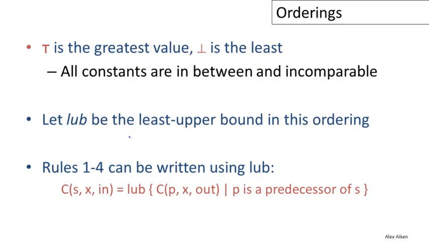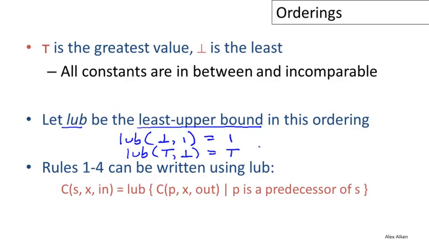Now, with the ordering defined, there's a useful operation we can define on collections of elements, and that is the least upper bound, or LUB. It means taking the smallest element that is bigger than everything in the least upper bound. For example, the least upper bound of bottom and 1 is equal to 1. The least upper bound of top and bottom is equal to top.